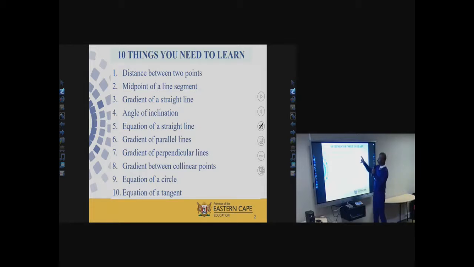Now, if you look at these ones, the first 8 are done in grade 10 and 11. So this is done in grade 10, grade 10, grade 10, and that one. And also in grade 11, obviously, including number 5. And then from number 6, now, the gradient of parallel lines, gradients of perpendicular lines, and gradient between collinear points is also done.